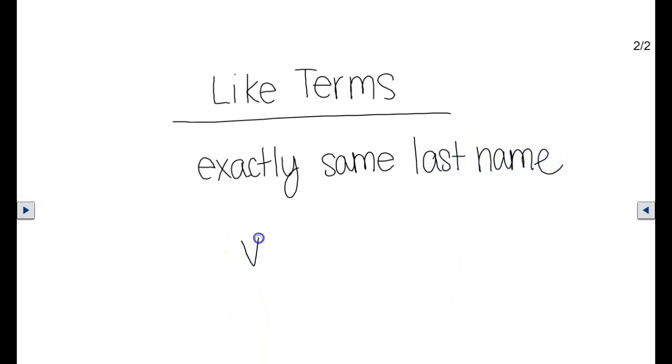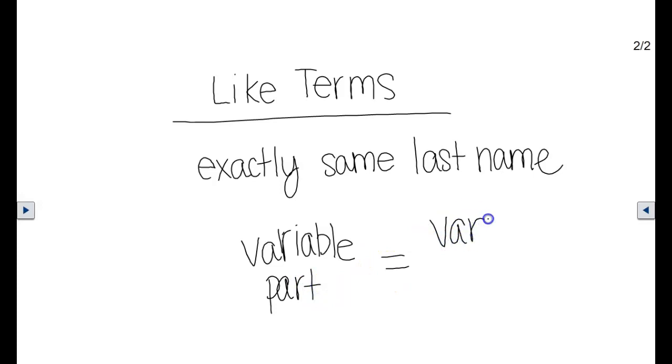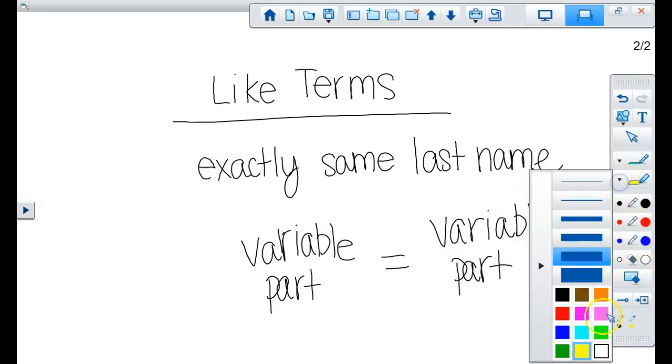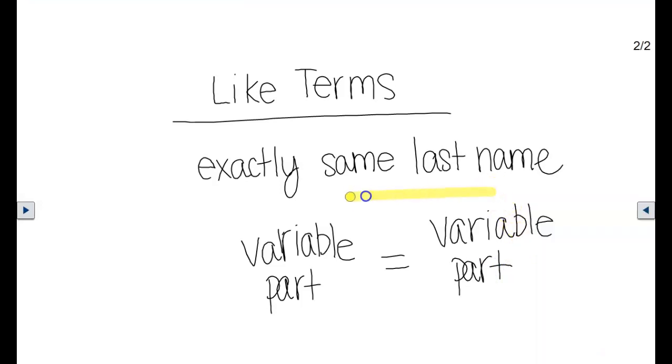So in like terms, the variable part of the first term will be exactly the same as the variable part in the second term. So this is what we have to have for like terms. We have to have a variable part in that first term that is equal to the variable part in that second term. They have to be identical to each other.